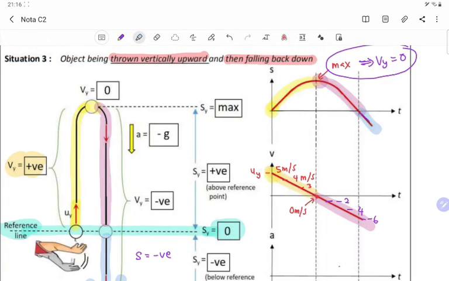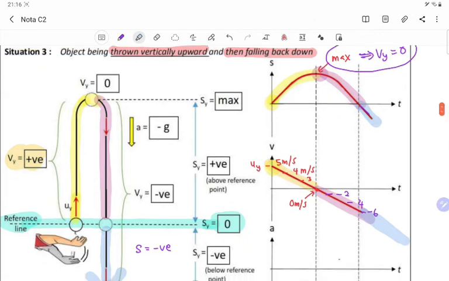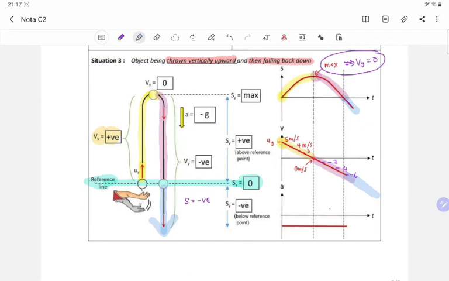Okay, untuk velocity dia akan continue bertambah disebabkan oleh ada tarikan graviti. So, hal laju dia akan bertambah secara negatif. Okay, so the last one is the AT graph. Kita nampak di sini kita ada satu constant horizontal line.